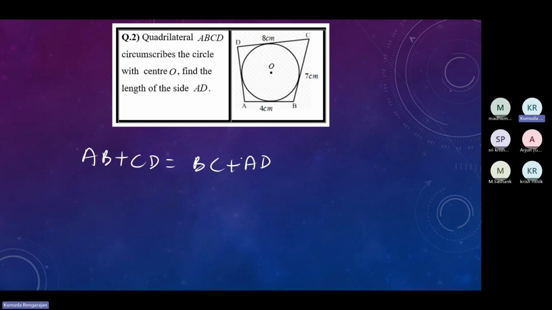ABCD is a quadrilateral that circumscribes the circle with center O. So this result is true. AB plus CD is equal to BC plus AD. So AB is 4 plus CD is 8, BC is 7 plus AD. So like this, you can find AD. Three sides of the quadrilateral given, you should find the fourth side.